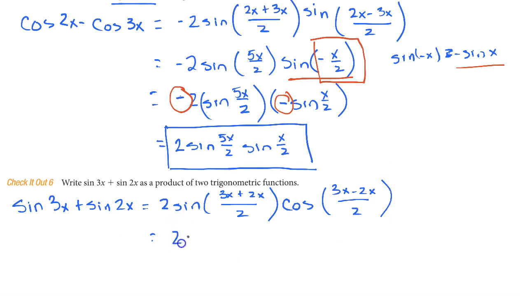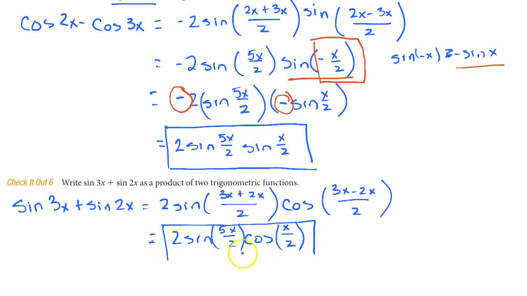So we get 2 sine of 5x over 2 cosine x over 2. You can have parentheses in there if it makes it easier to tell what's going on. And we are done. That one is nice and simple.